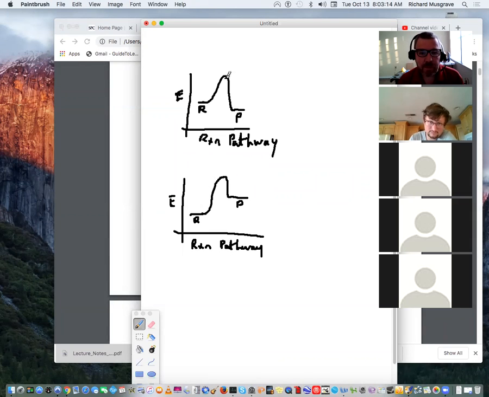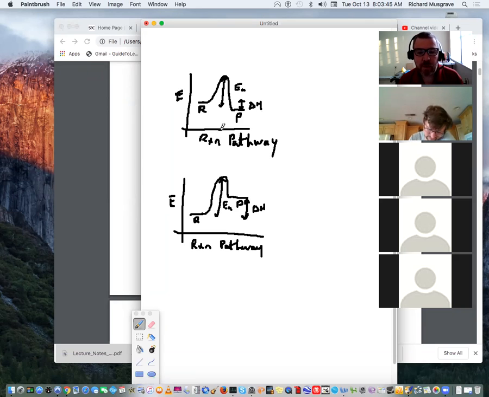So this represents what we call the activation energy. And we looked at this a bit in test one. And the delta H in both cases, and it doesn't matter whether the products are above or below the reactants, the delta H represents the difference in between the two.